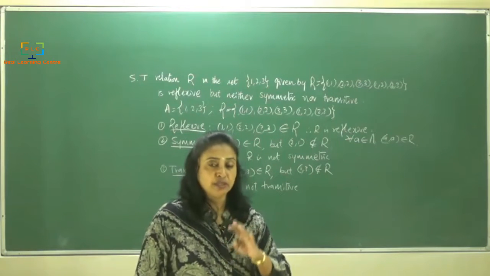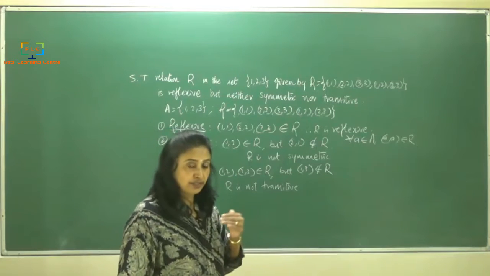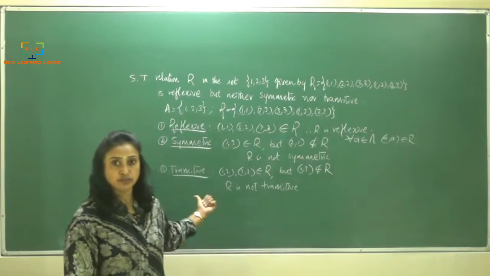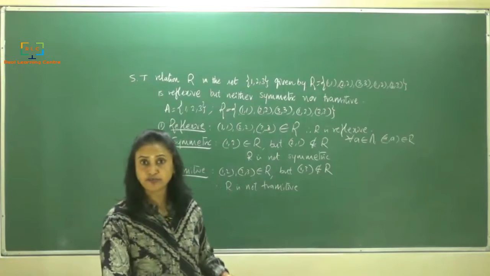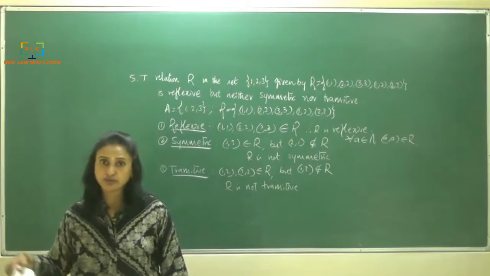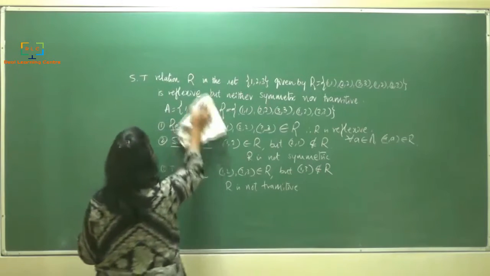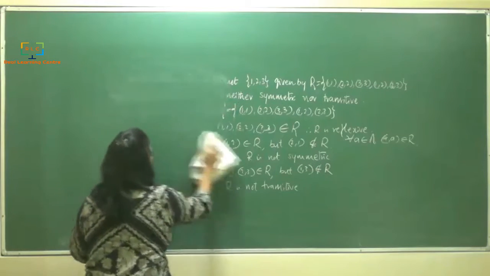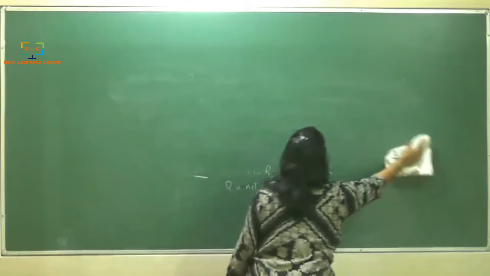You can't do that. You have to take everything in general. So, slowly we are reaching that kind of problem. Now, this was a numerical problem. And my point was, whenever you want to tell not reflexive, not symmetric, you can only give one counter example. Even if there are 2, 3 examples, only one counter example is sufficient to tell it is not symmetric or it is not transitive.